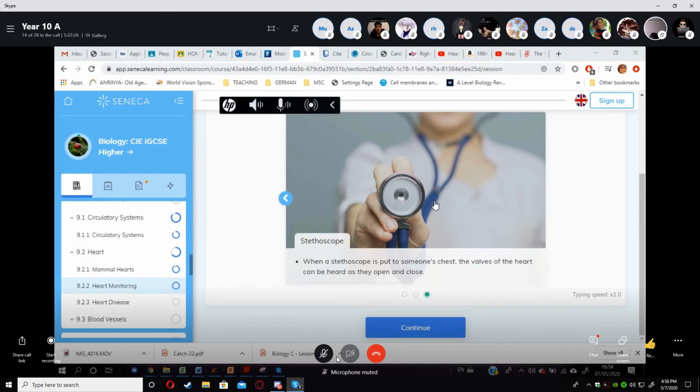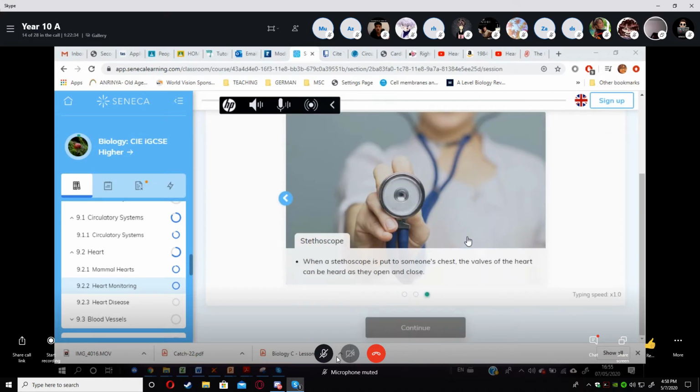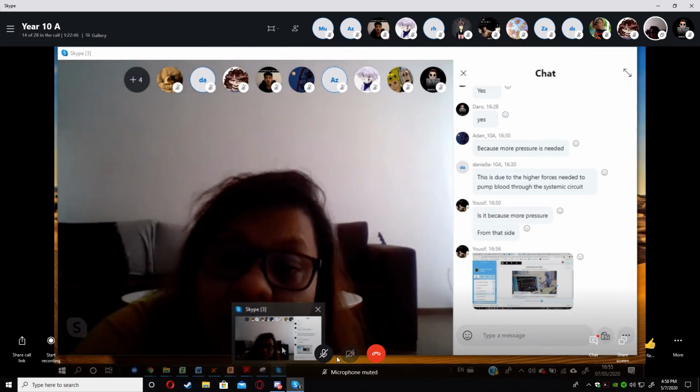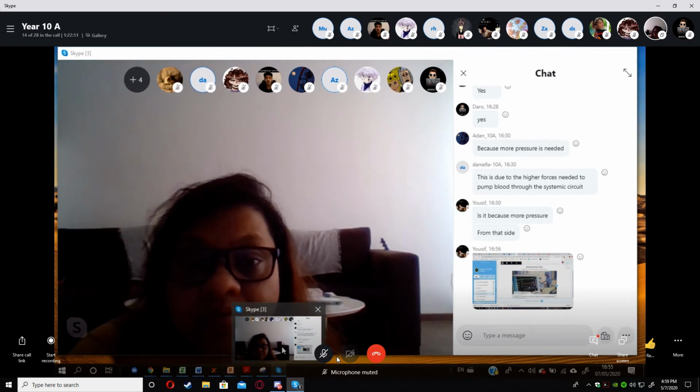By counting it per minute, they know whether your heart is beating fine. How many beats per minute do you know? About 70 to 72 beats per minute in a normal adult, and in children much more than 100 beats per minute.